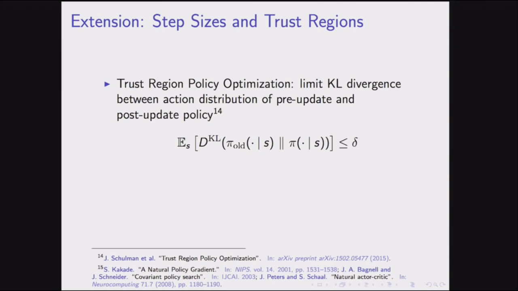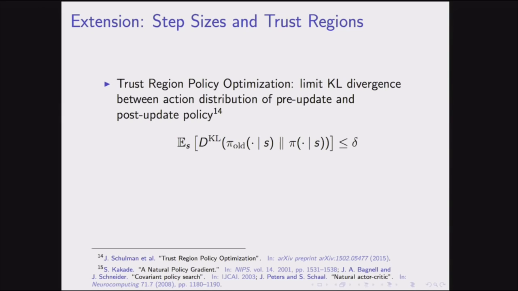So one way to fix this, that my colleagues and I explored, is to try to stop the policy from taking too big of a step. You can look at the KL divergence between the old policy and the new policy, before the update and after the update, and make sure that the distributions aren't that different, so you're not taking too big of a step. It's kind of an obvious thing to do.